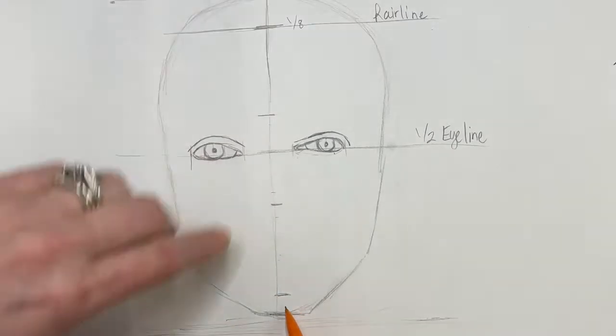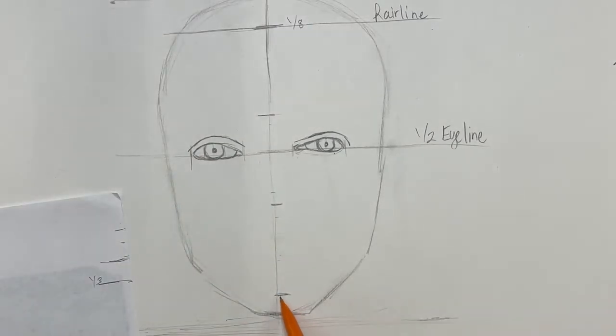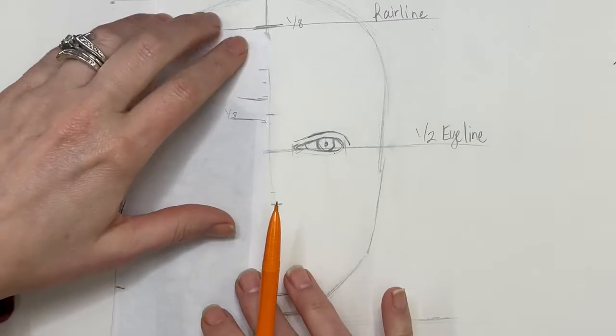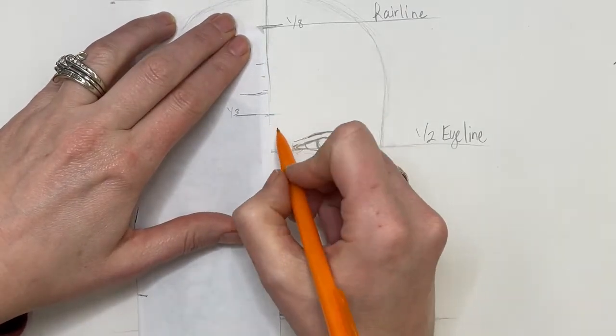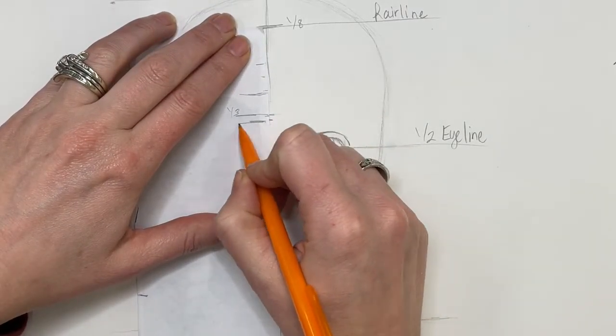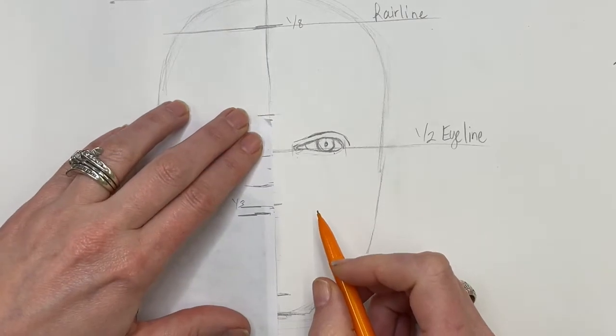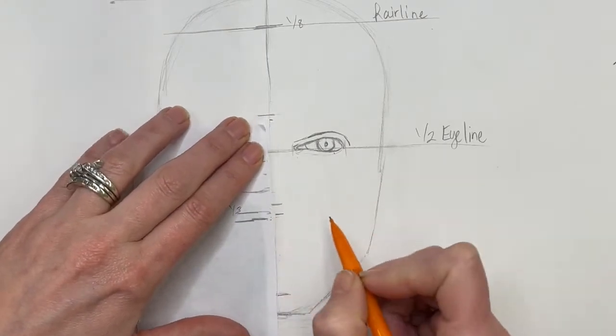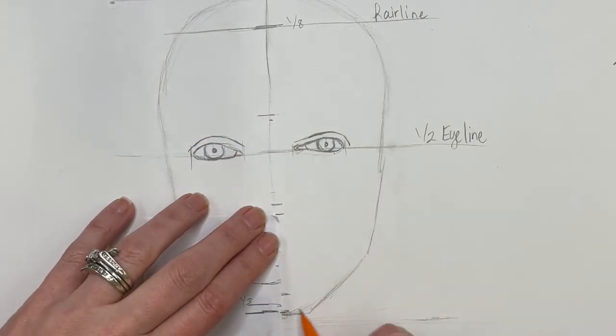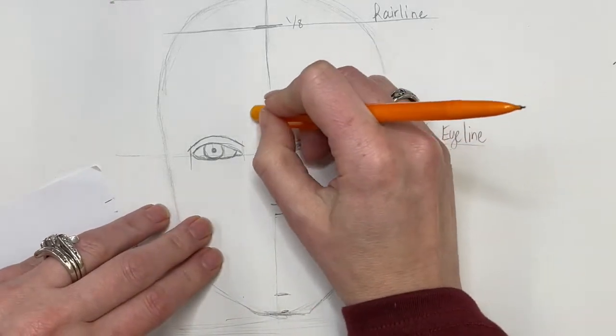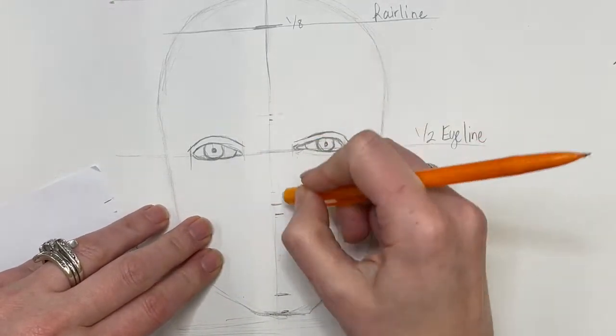And that gets me pretty close to the chin, within a reasonable distance. I'm okay with that being placed there, or I can move it down just slightly to make it more exact. Okay, now it's exact. Okay, either way.